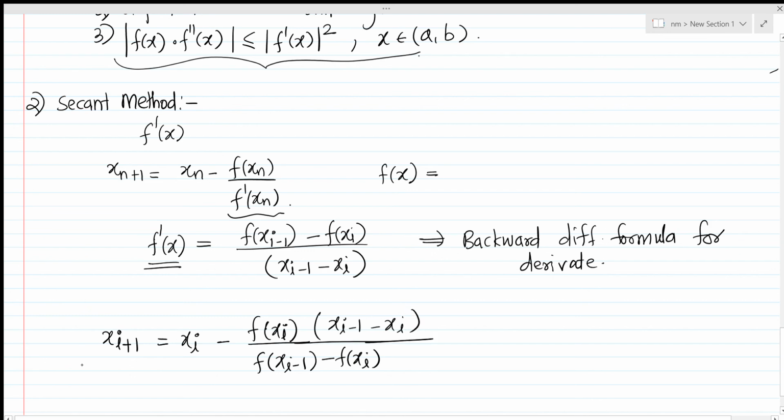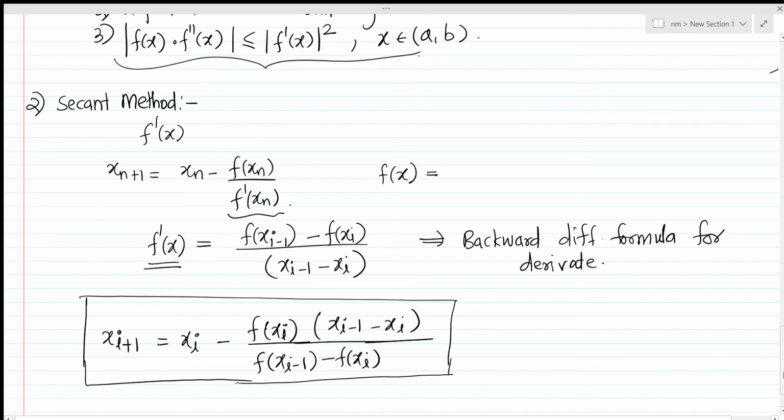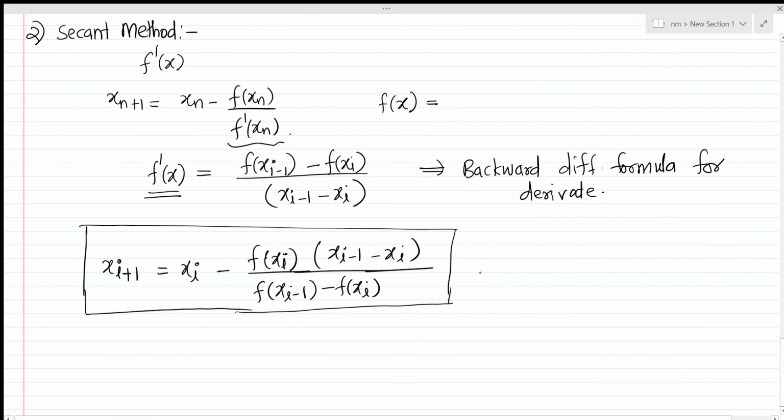This is the update formula for the secant method. So in the secant method we require two initial guesses, xi and xi minus 1.